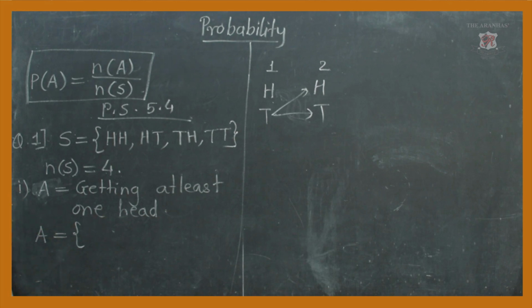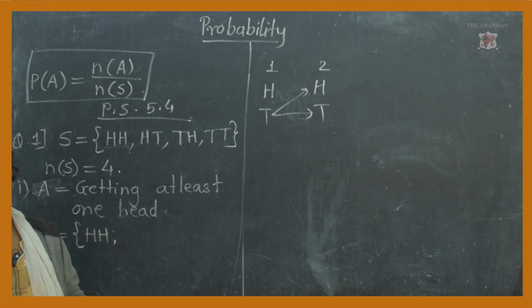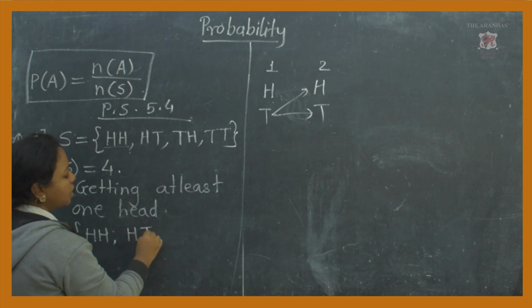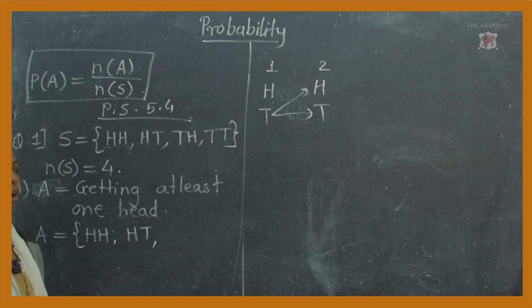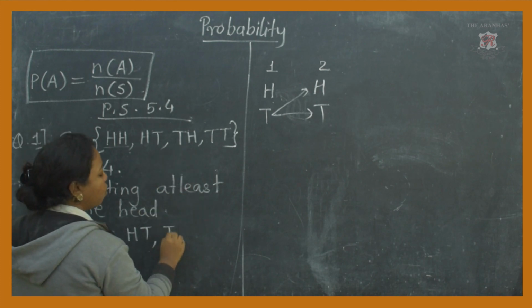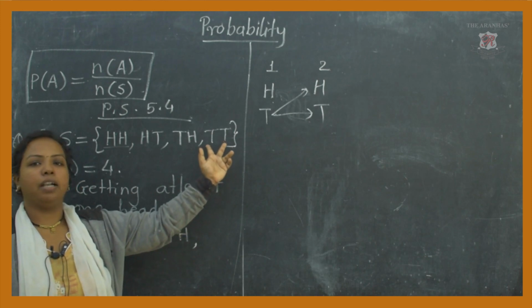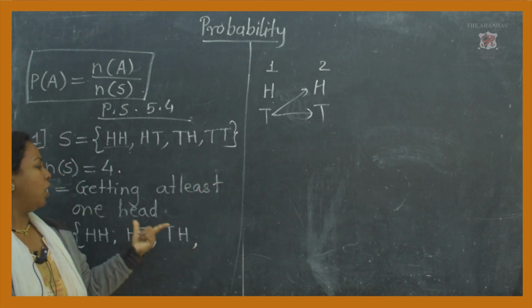So at least 1 head, see the sample space. Here 2 heads are there, so we can take it. At least 1, so we can take more than 1 also. Here 1 head is there, so this sample point will be there. Then TH also has 1 head, so we can take it. Here TT, both are tails, head is not there. But what is our event?